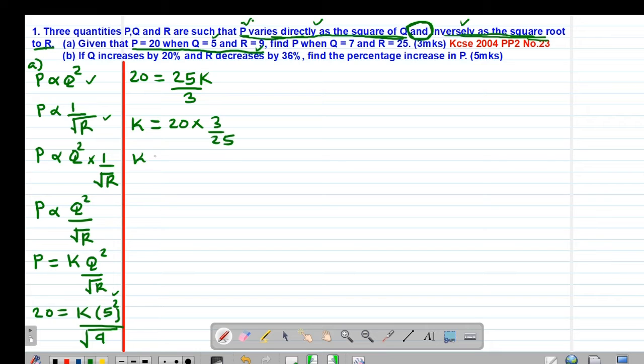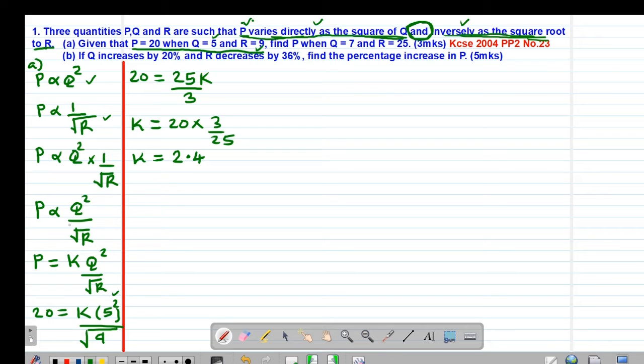So my value of the constant k will be given by 20 multiplied by 3 divided by 25, which is going to give me 2.4. So my value of k is equal to 2.4.